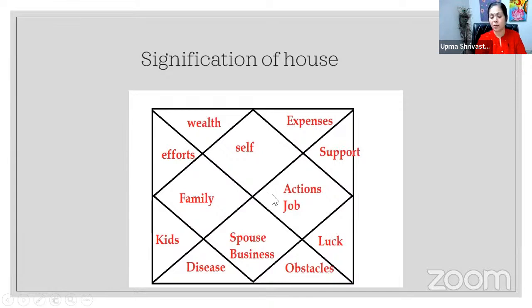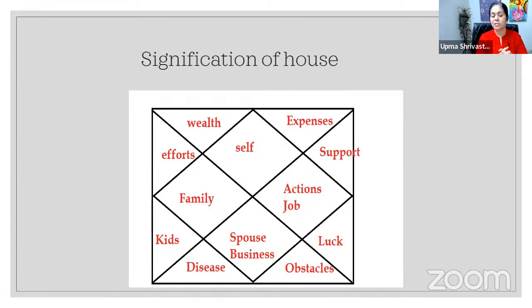Then comes the 10th house, which is the house of karma or actions. From a small child to an old person, everyone keeps doing something. That is karma or action. And because it is something we keep doing on a regular basis, that's why we check job and service from the 10th house. If the 10th house is good, you will be able to get a good job. When the 10th house is afflicted because of transit of planets or Mahadasha Antardasha, then you will get obstacles in the job.